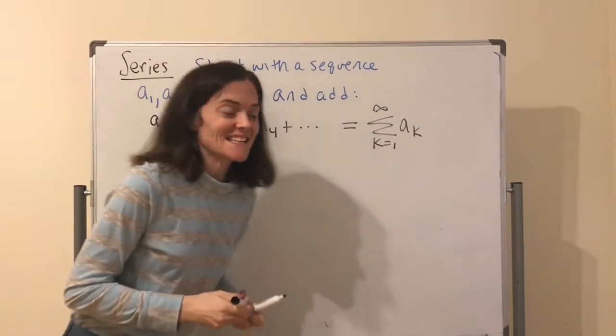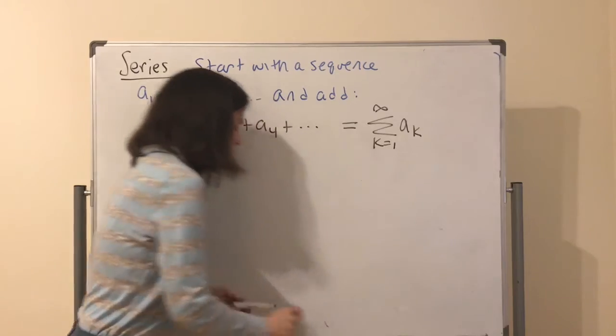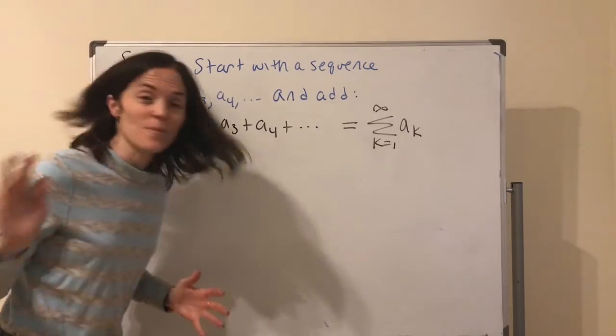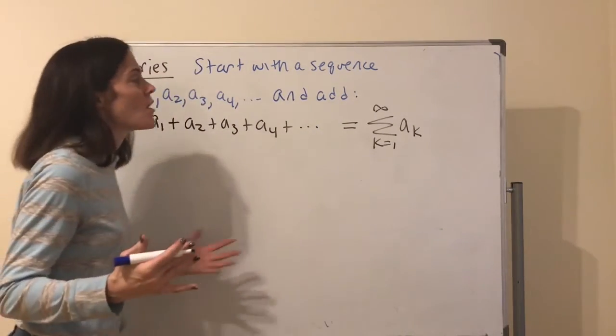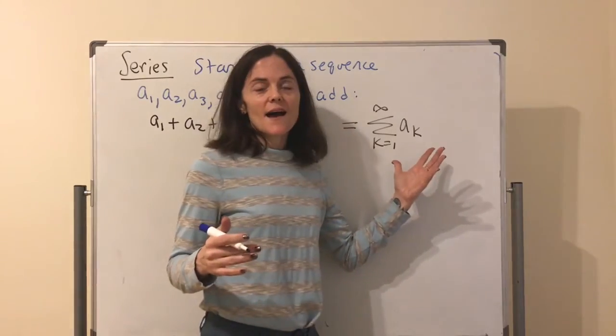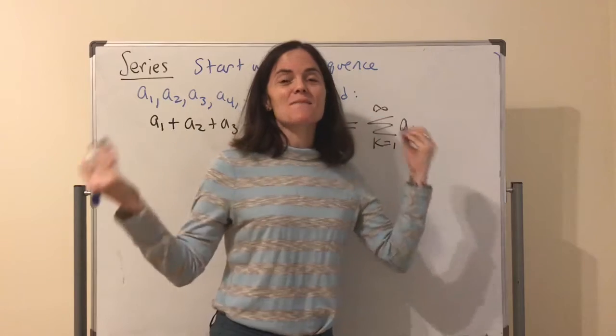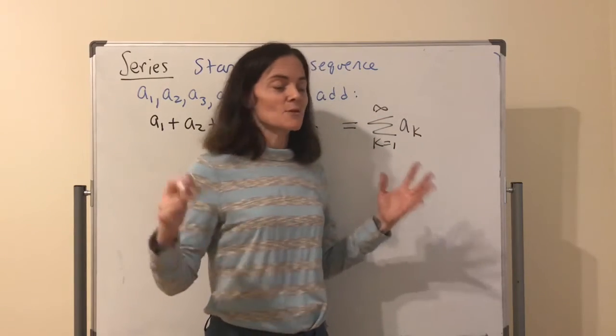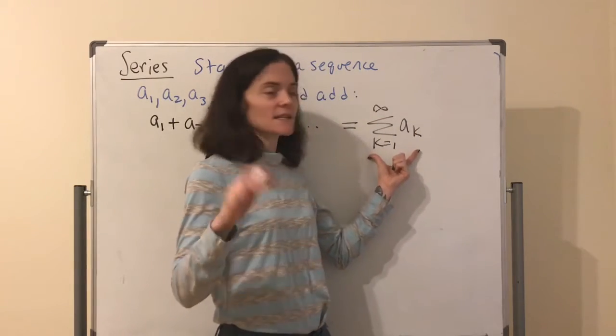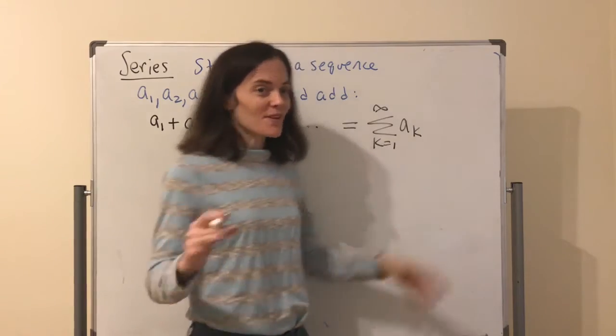This is a series. Now, the first question I hope you are asking yourself is, how do you know if this is finite or infinite? Because you're adding up infinitely many numbers. There's no reason to expect that this is actually a number, right?